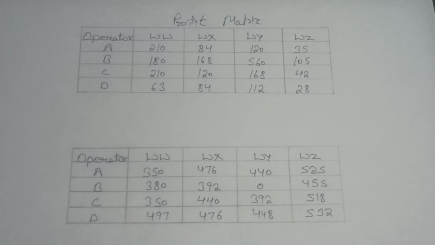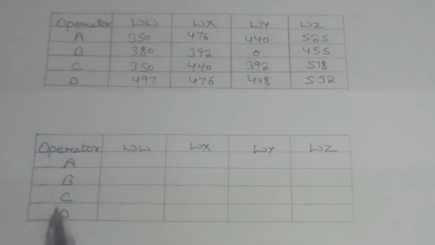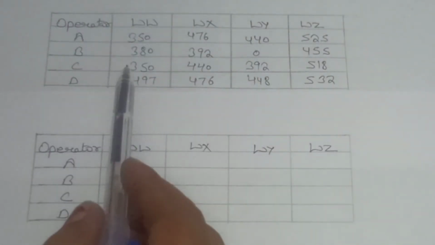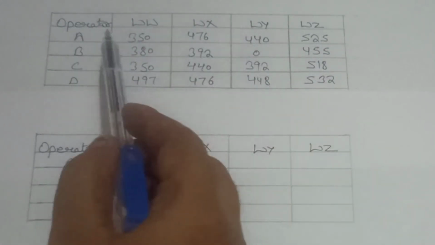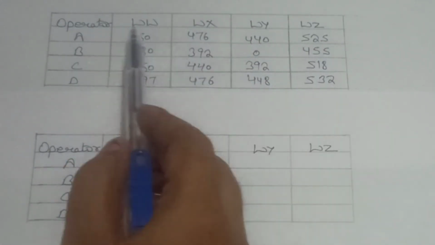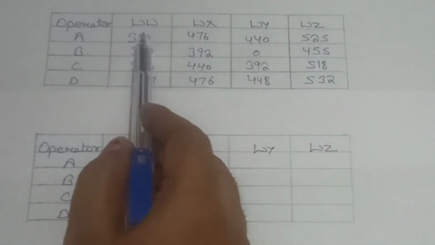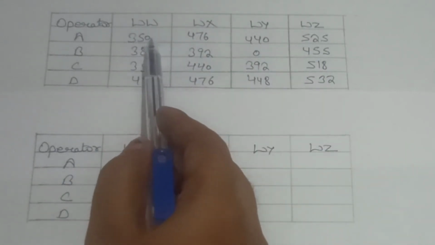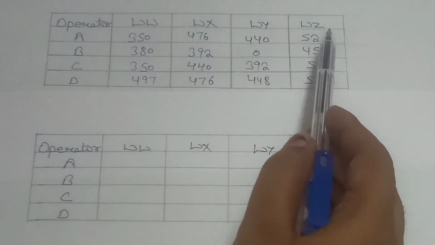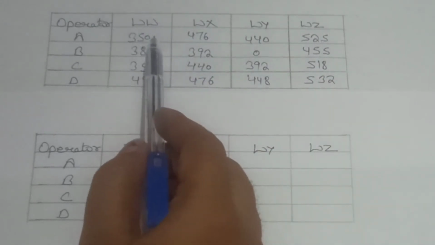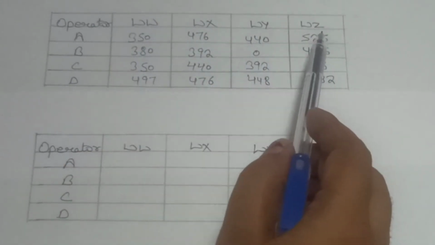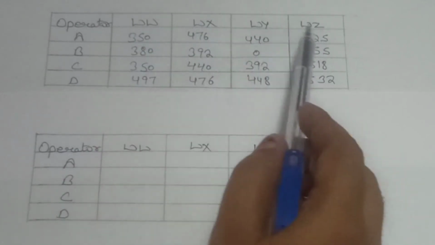Now we have to do our next step. So now we will do the step of row minimization. We will select our first row, this row. You have to check the minimum element in this row. As you can see, 350 is the minimum element. So we will deduct this 350 from all these elements to minimize our row.